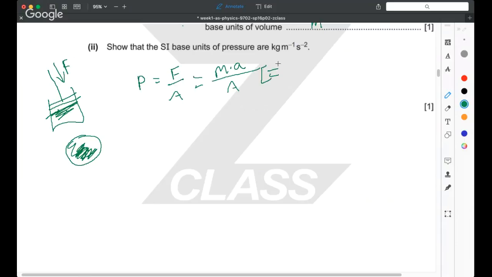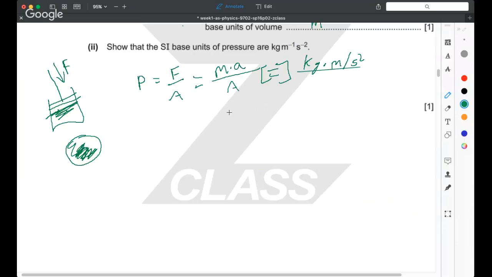But the units here, for example, this remains. So the units of the mass times acceleration. The units of the mass is kilograms. The acceleration? Meters over second squared. And the area?